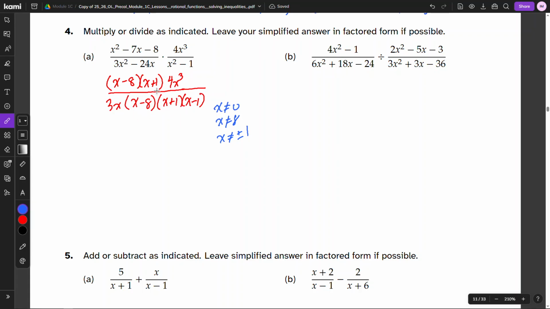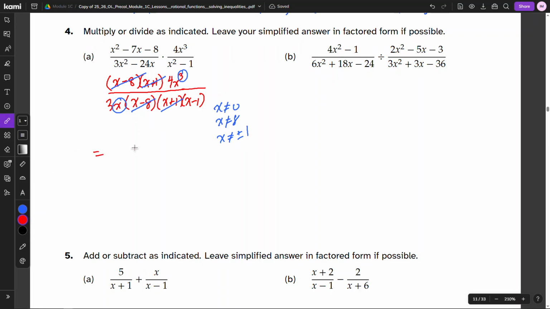However, if I'm going to now simplify this, I have this x and this x cubed here that will reduce. I've got this x minus 8 and this x minus 8 that will reduce. And I have this x plus 1 and that x plus 1 that will reduce.